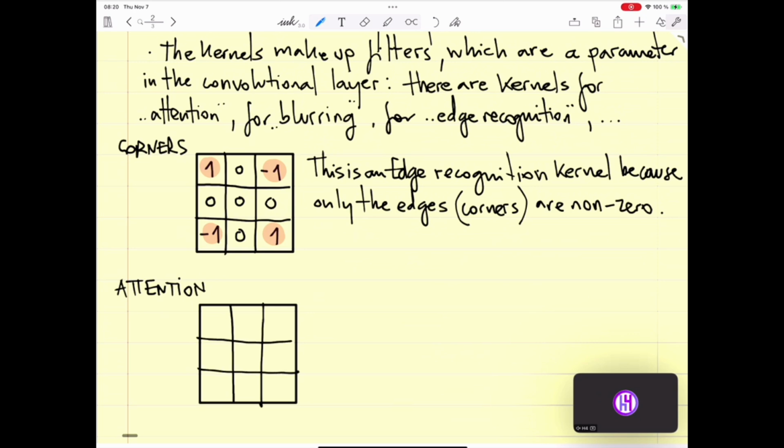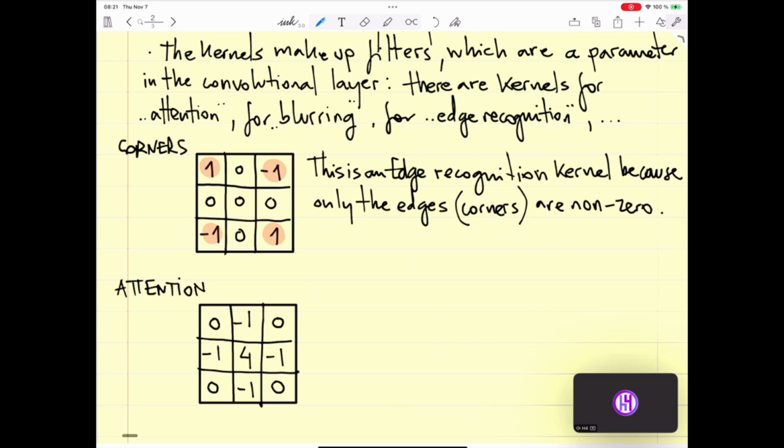It has zeros in the corners, a big number in the middle, and -1 outside. So whatever you're looking at, you're going to highlight it.